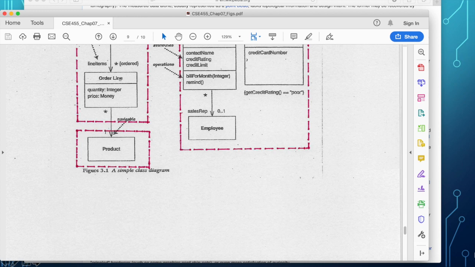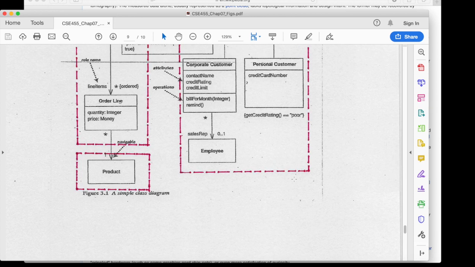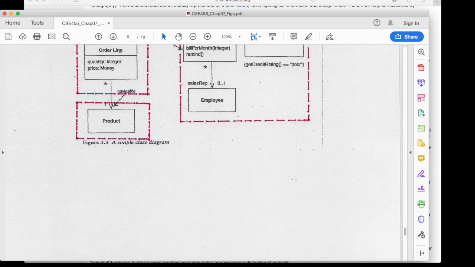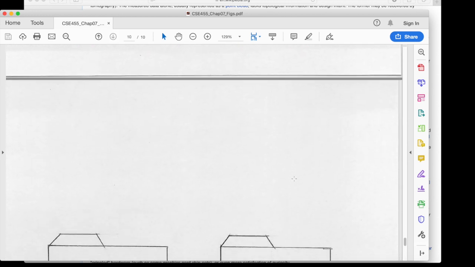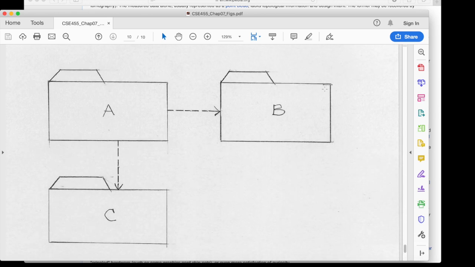So once we draw the boundaries, we identify three components. And if you remember, we have in this next diagram the packages that would group all of those classes into three packages.